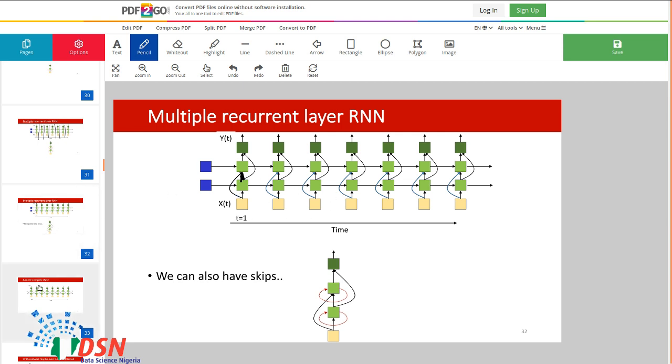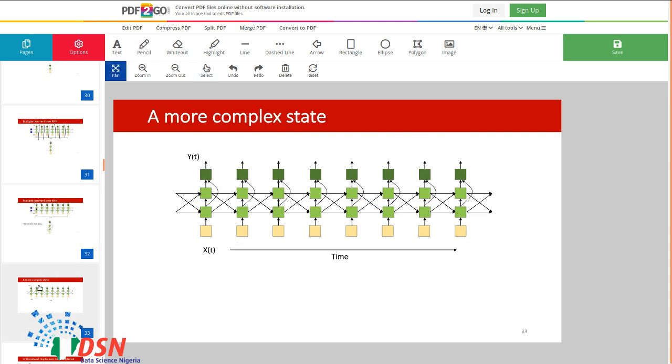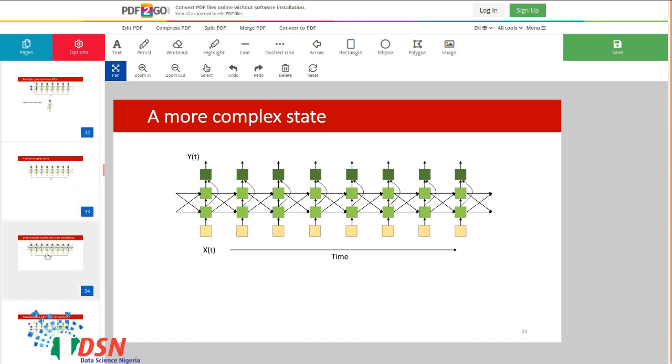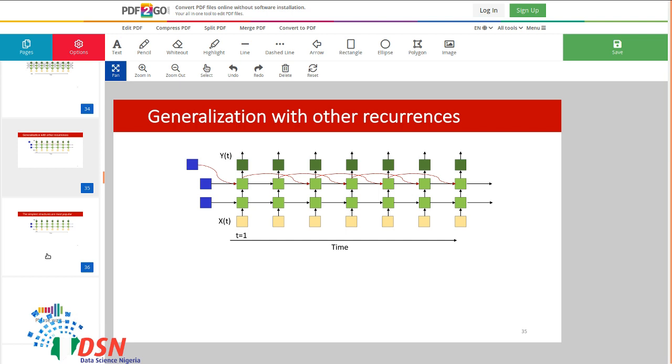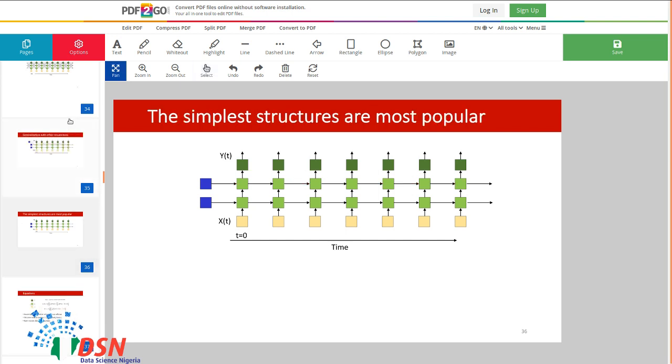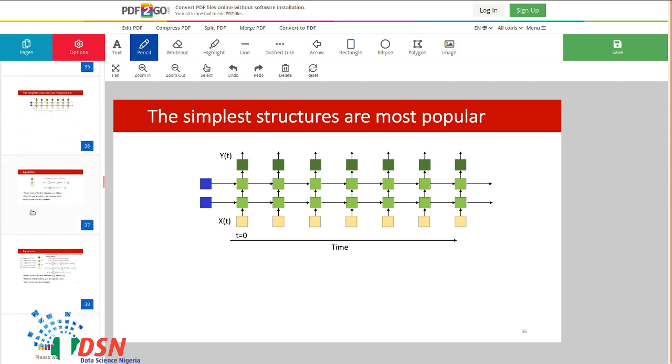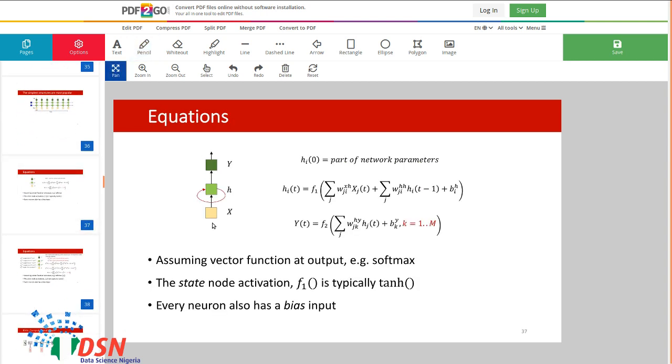We could have different, more complex architectures, but actually the simplest structure is the most popular one, and it is in fact the one used in RNN.